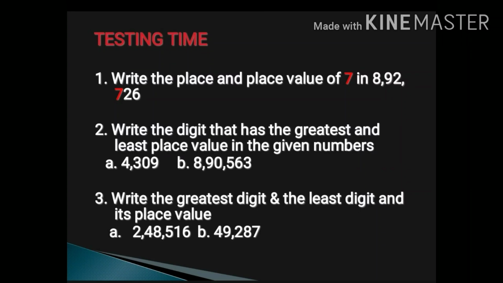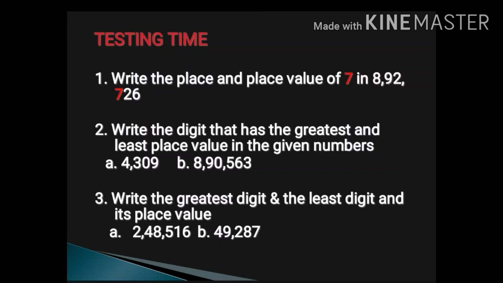Listen to the video carefully, pause and write the answer. The first question is, write the place and place value of 7 in 8,92,726. The second question is, write the digit that has the greatest and least place value in the given numbers.